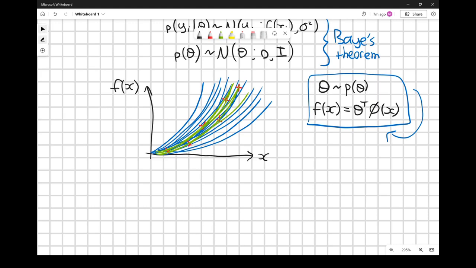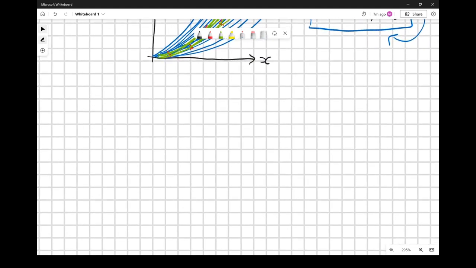So I'm going to define a bold f as the vector of f's evaluated at all of our training inputs, so f evaluated at x1 up until f evaluated at x capital N, and we'll stick with the notation of having column vectors as the default.